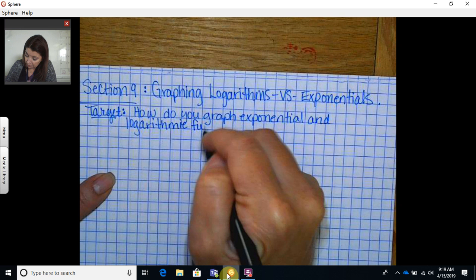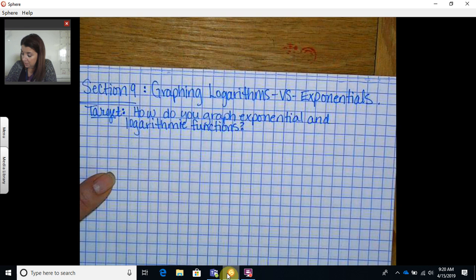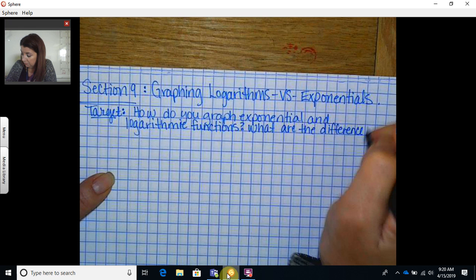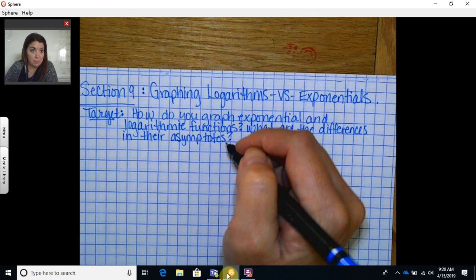What are the differences in their asymptotes? And explain transformations of logarithmic equations.